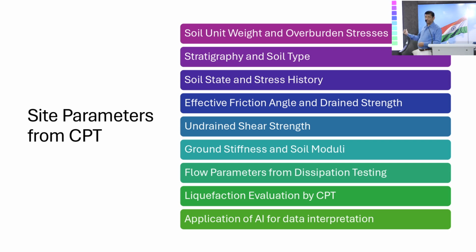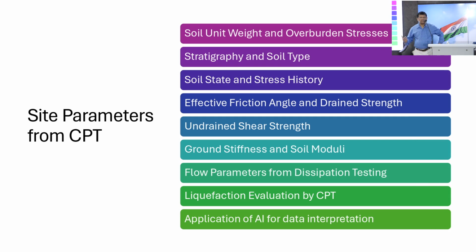Then the flow parameters we also get from CPT, because we do those pore pressure dissipation tests. From there we can derive permeability and other flow parameters. Then for liquefaction, we also get our steady state strength, or the residual strength, which is needed for the liquefaction, and that we also get from this.